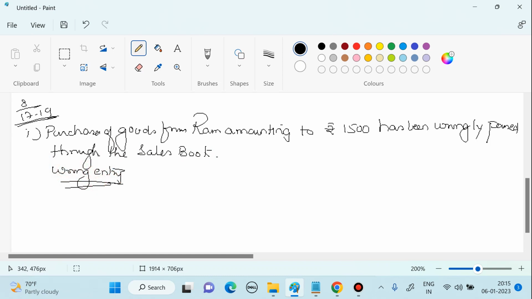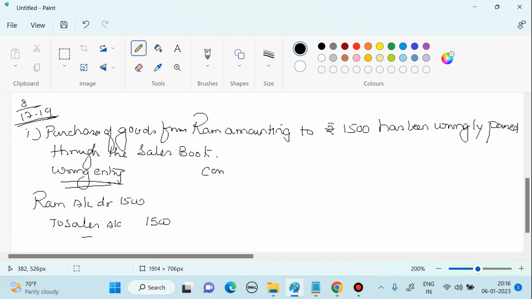It was actually credit purchase from Ram, but they wrongly passed it through sales book. So therefore, what has happened? You recorded it as sales. When you recorded sales book, obviously you recorded sales. So you would have passed entry of Ram account debit to sales account. This would have been the effect that would have gone through.